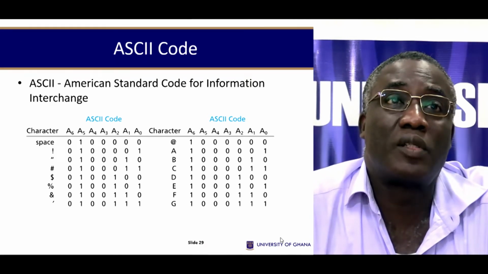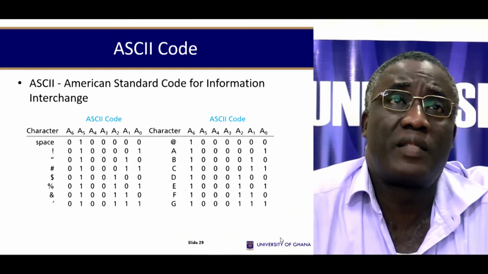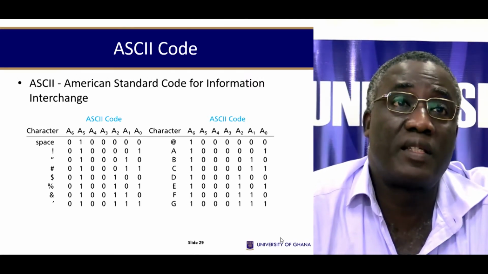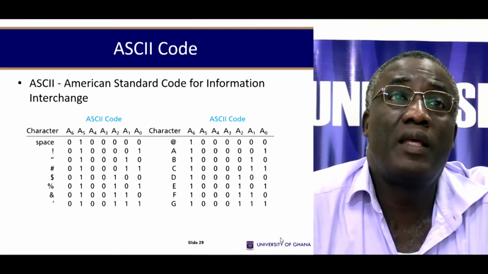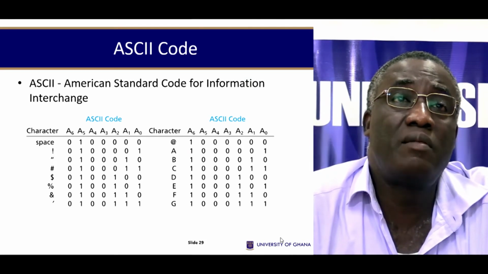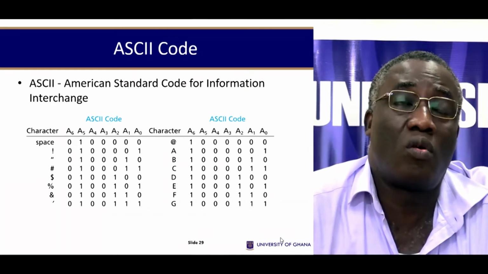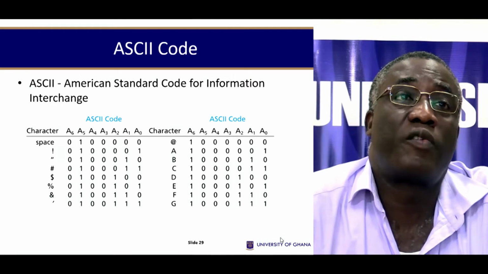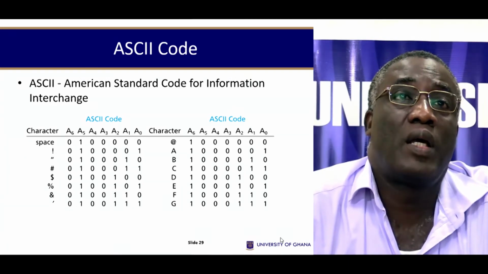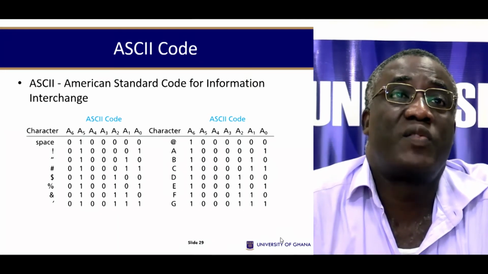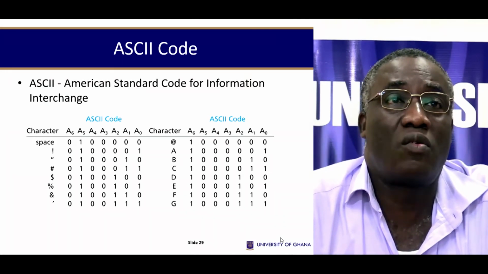Then there's the ASCII code. ASCII stands for the American Standard Code for Information Interchange. Here they use 7 binary digits to represent all forms of things. So, for example, on your keyboard, when you press the space bar, actually what you are bringing up is a code of 010000.